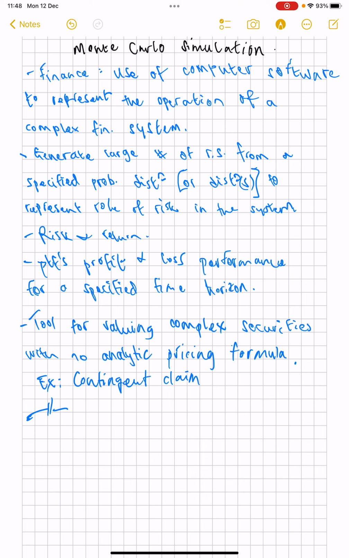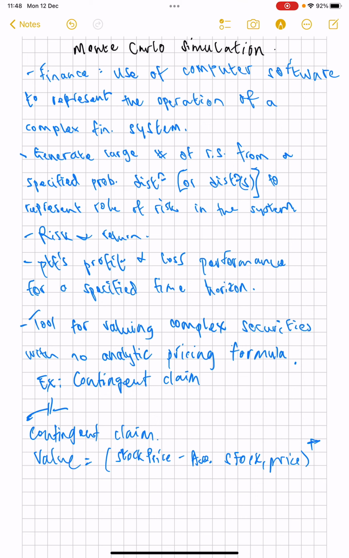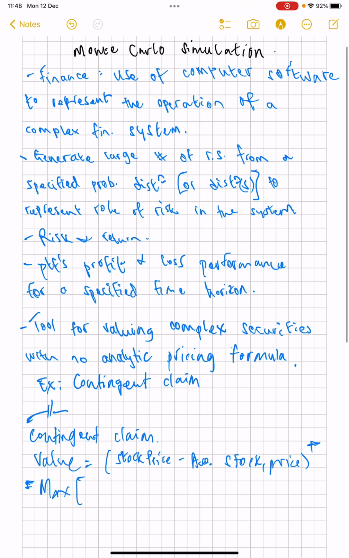I'm just taking the case of a contingent claim here, where the value is equal to the stock price minus the average stock price.